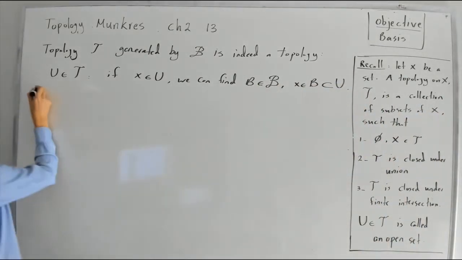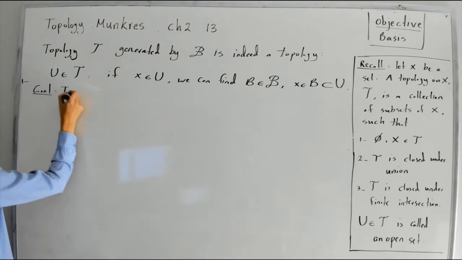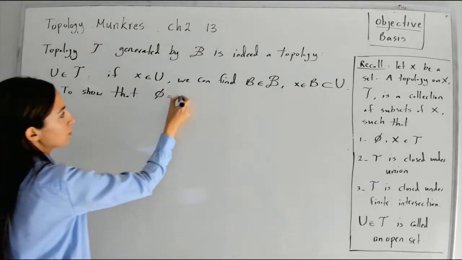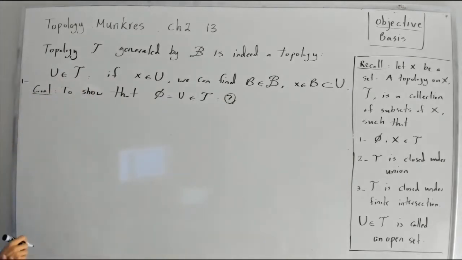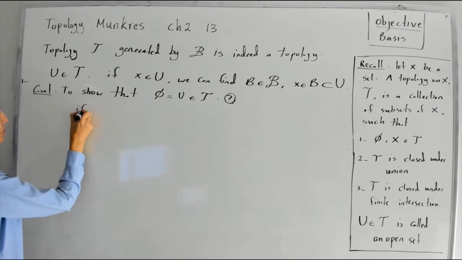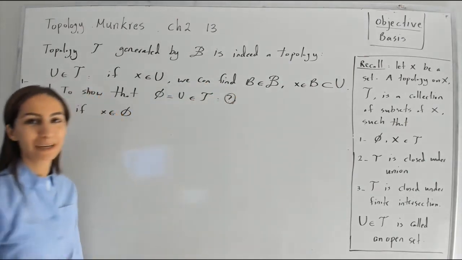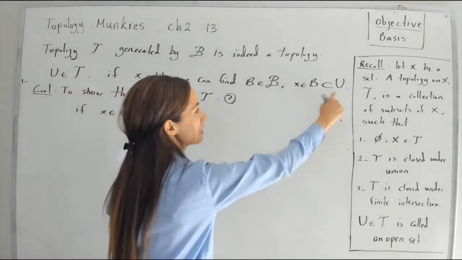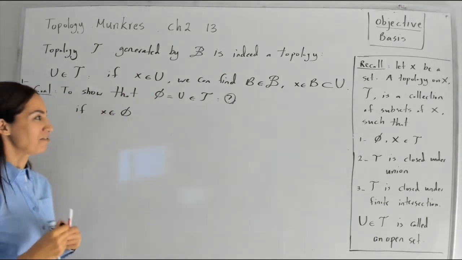Our goal is to show that the empty set, or U, belongs to tau. If X belongs to the empty set, we can find a basis element like B such that X belongs to the basis element and it's a subset of the empty set, which is true vacuously.